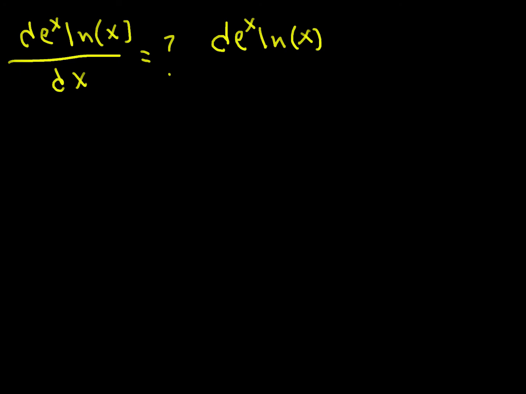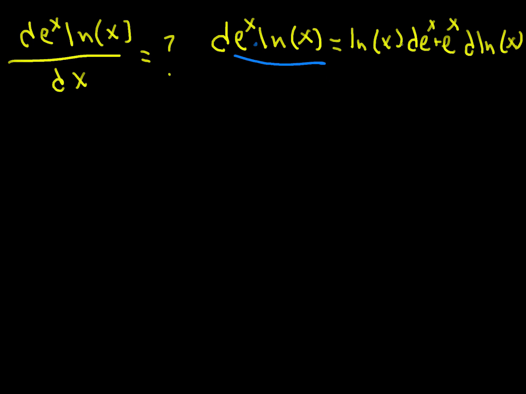What rule do we have to apply first? Well, it's going to be our product rule because this is a product of two functions. So it's going to be equal to ln of x times the differential of e to the x plus e to the x times the differential of ln of x.